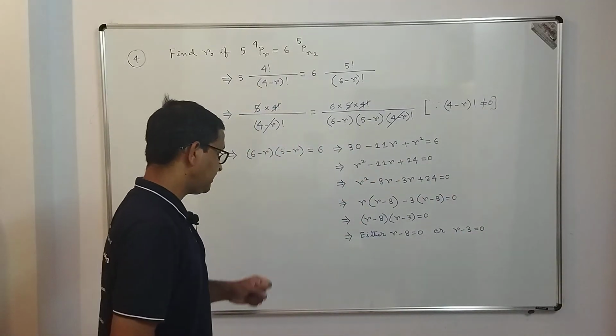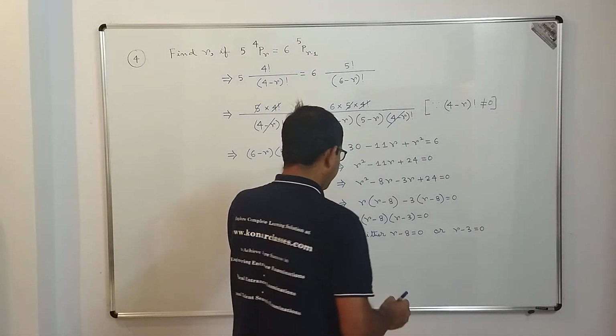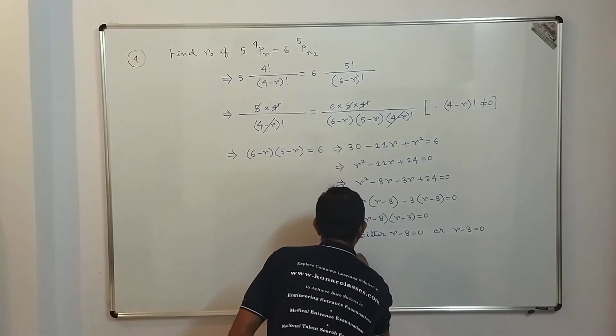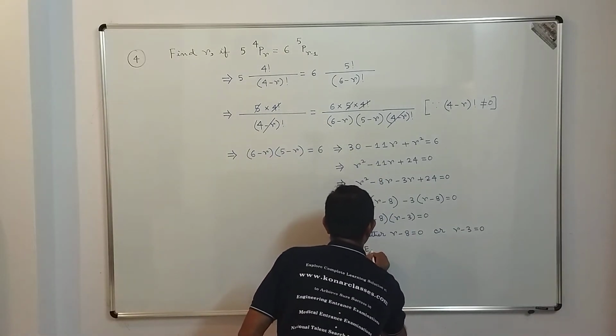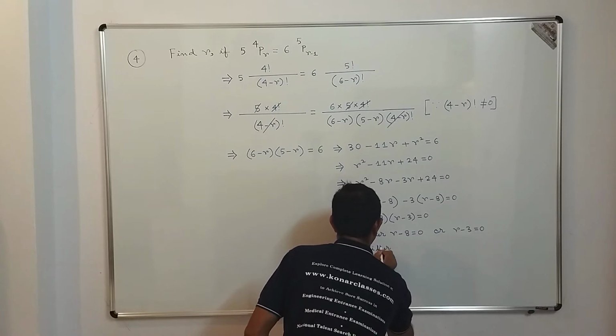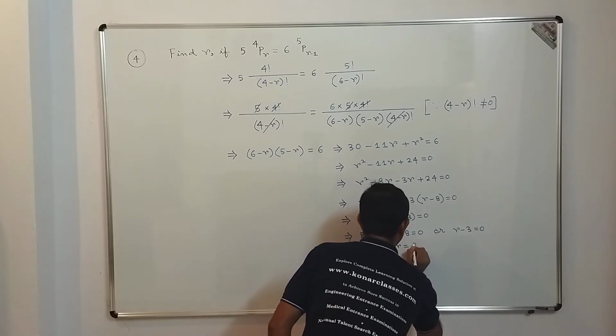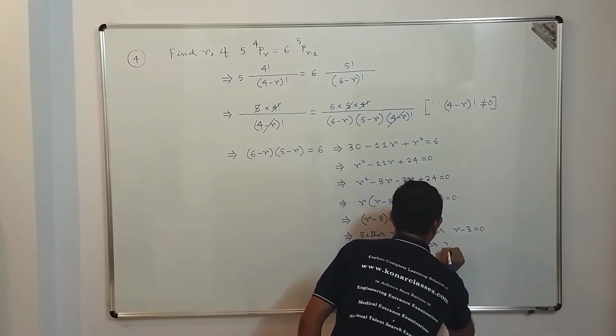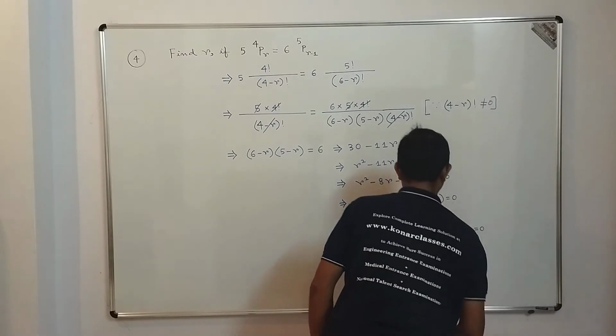Now r minus 8 equal to 0 means r equal to 8. This implies either r equal to 8 or r equal to 3.